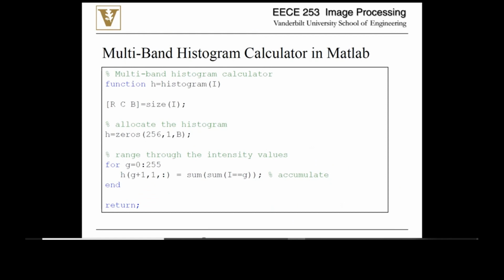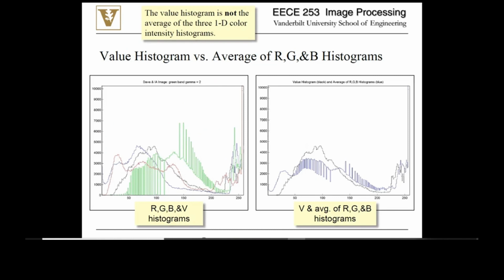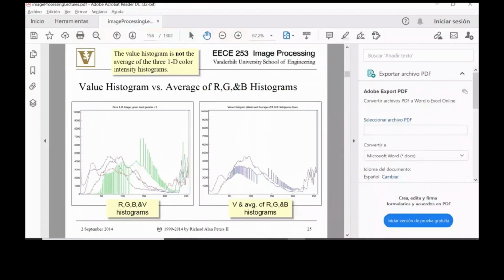But you can see that the value histogram doesn't have those steps. So the histogram of the average is not the average of the histogram. Let's be a little bit more formal about that.